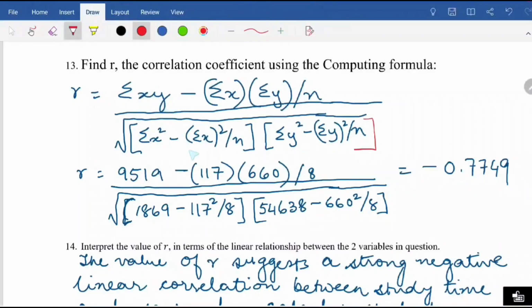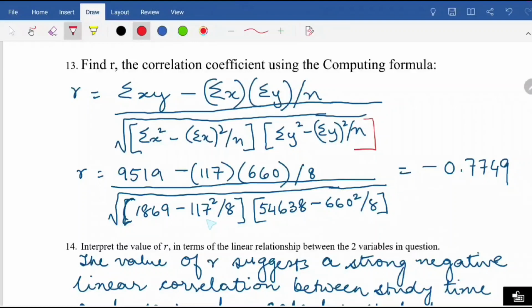9519 was sigma x times y, minus 117 times 660 divided by 8. And then for the denominator, sigma x squared was 1869, minus sigma x whole squared divided by n, which is 117 squared divided by 8. Now this calculation was done.